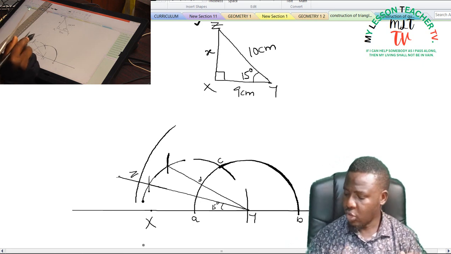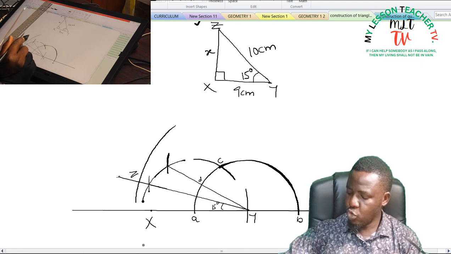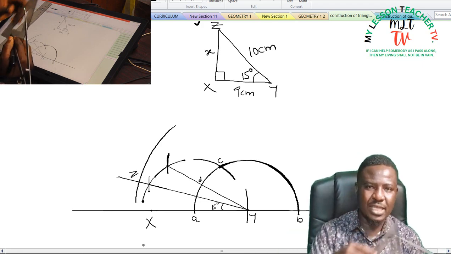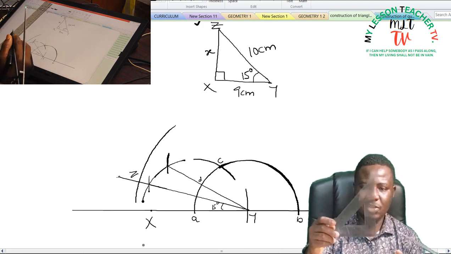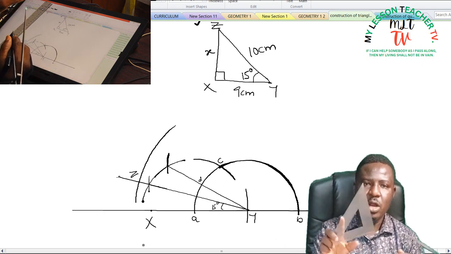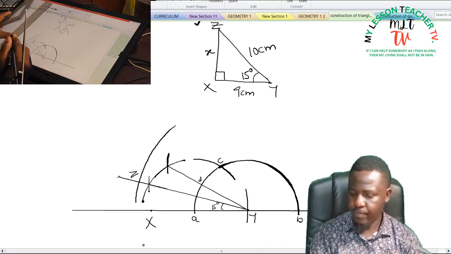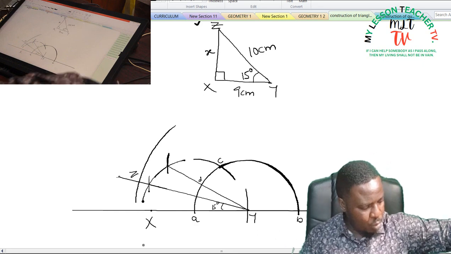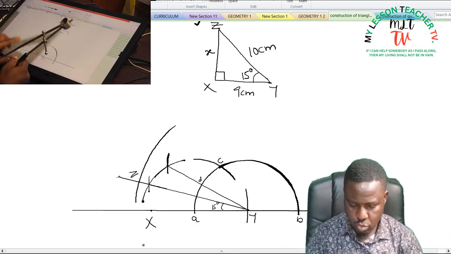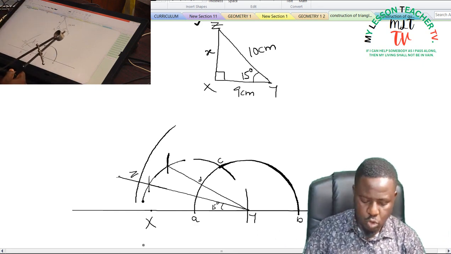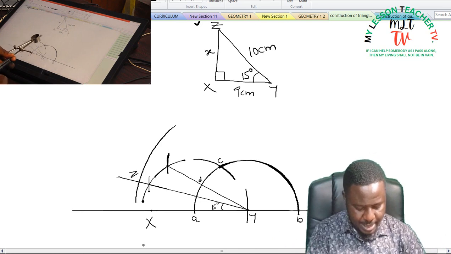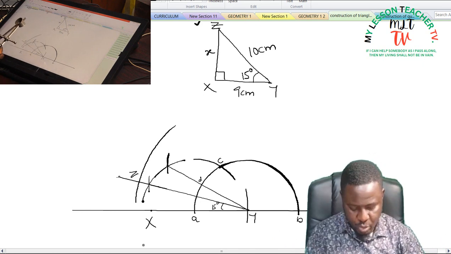If I'm not constructing, then I'll be forced to use my 90-degree set square. So this is a 90-degree set square that gives you a perpendicular line. So I'm going to use it to construct my perpendicular line.